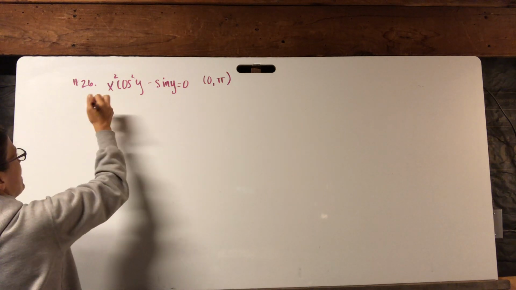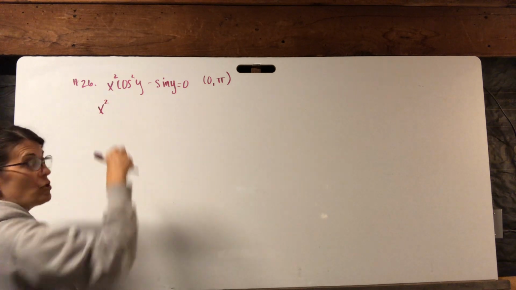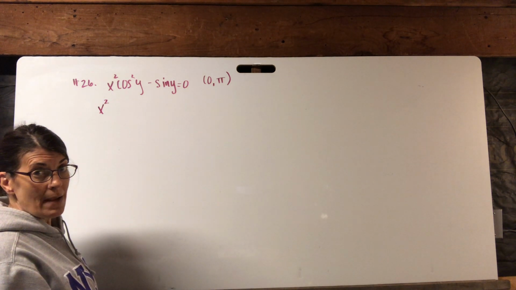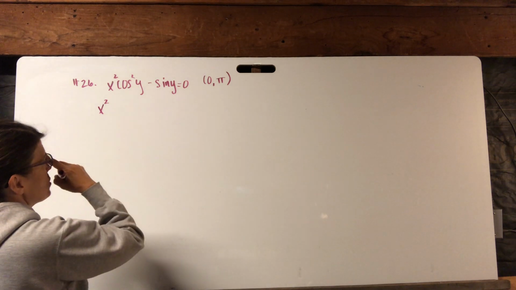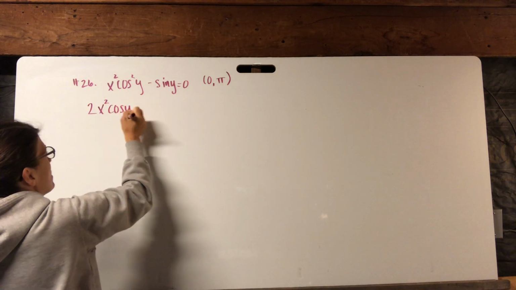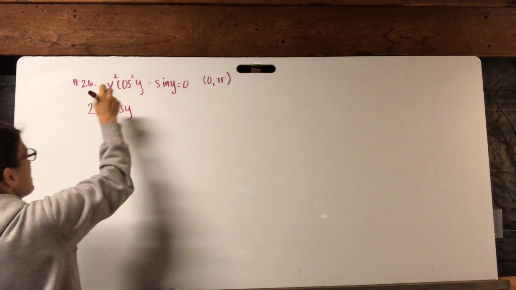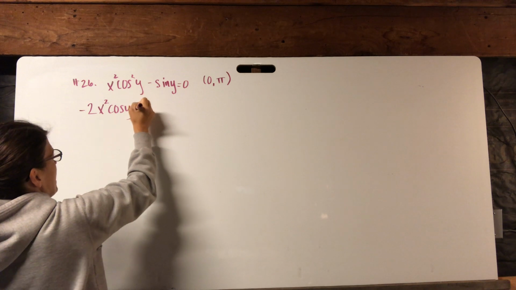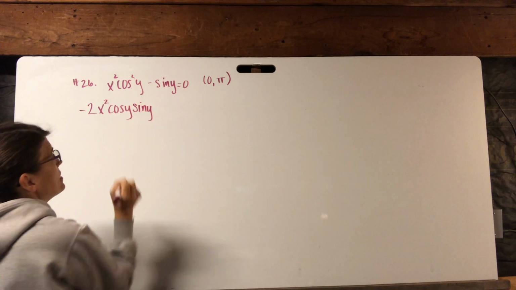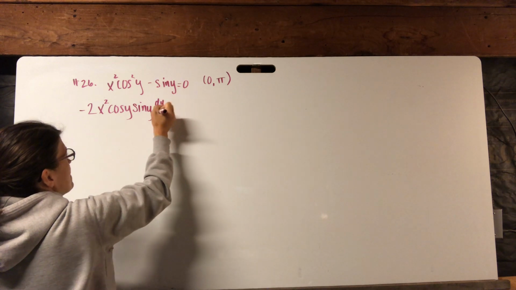So this is going to be x squared times the derivative of cosine squared y. The derivative of cosine squared y is 2 cosine y times the derivative of cosine y, which is negative sine y, times dy/dx.